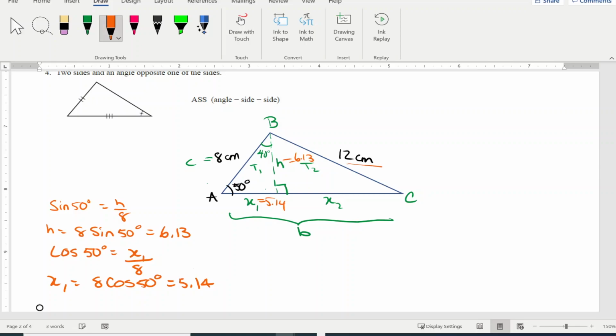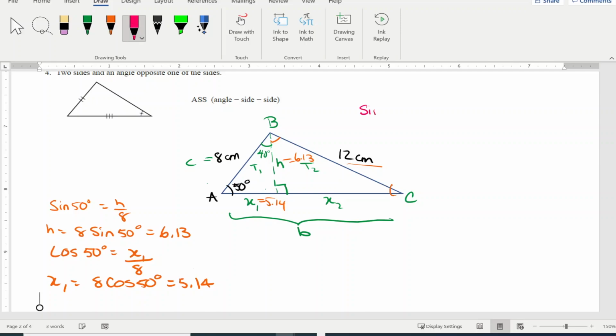Now we also have this side here, so we could use either angle B or angle C, and we can calculate those and X2 based on those two sides. So let's go ahead and do that. We'll just use angle C here to start with.